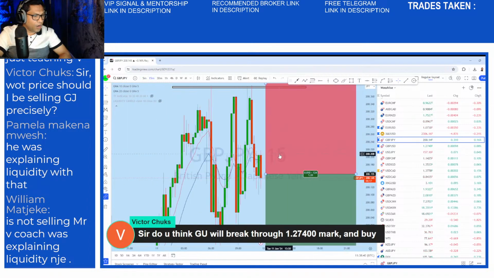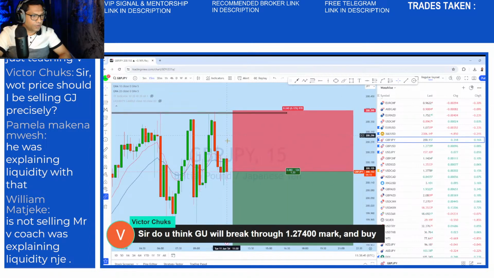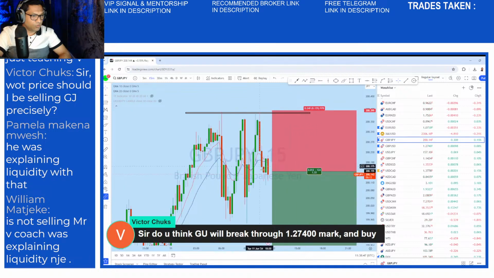On GBP JPY, we can see that there is a primary rejection here. We'll see what might happen.